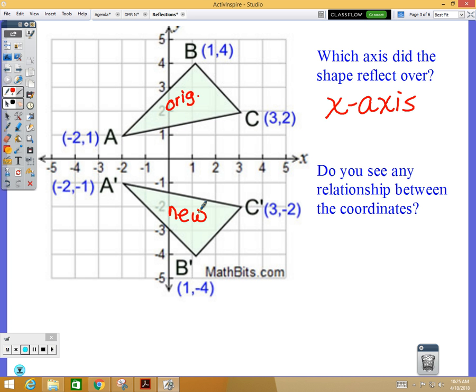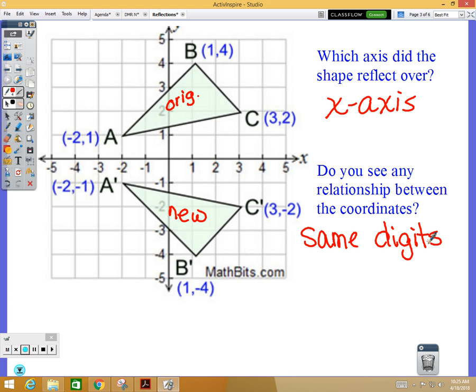And again, looking at the relationship between your coordinates. So A to A prime, we have a negative 2, 1 to a negative 2, negative 1. B, 1, 4 to a 1, negative 4. C, 3, 2 to a 3, negative 2. So what can we say about those? Similar to what we said on the last one. Similar. All right.